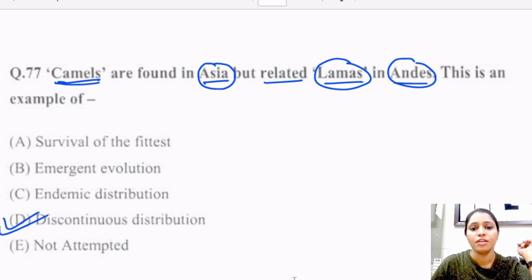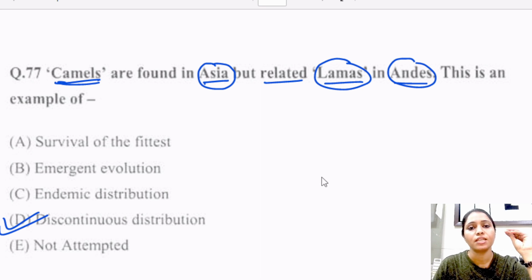Discontinuous distribution refers to a situation where closely related species are found in widely separated geographical regions. Why are these species separated from each other? Maybe due to isolation caused by continental drift, migration, or geographical barriers.